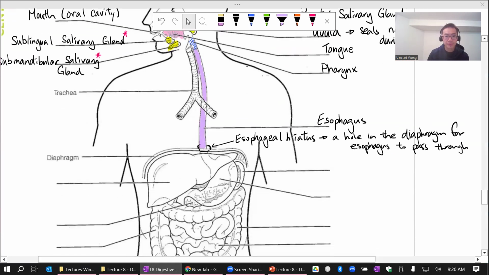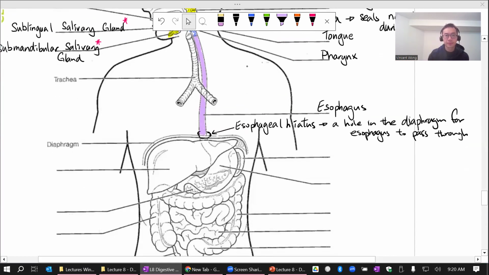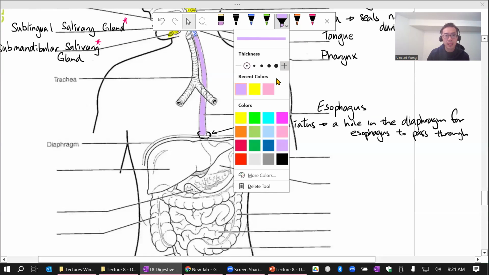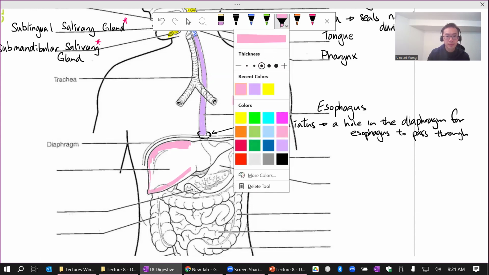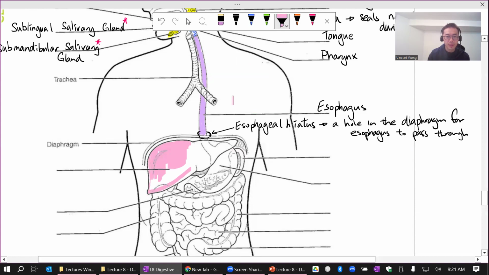Okay, further down. We have this guy right here. What is this? You should know this, right? It's on the right side of the abdomen. The liver, that's right. Thank you. That is the liver.